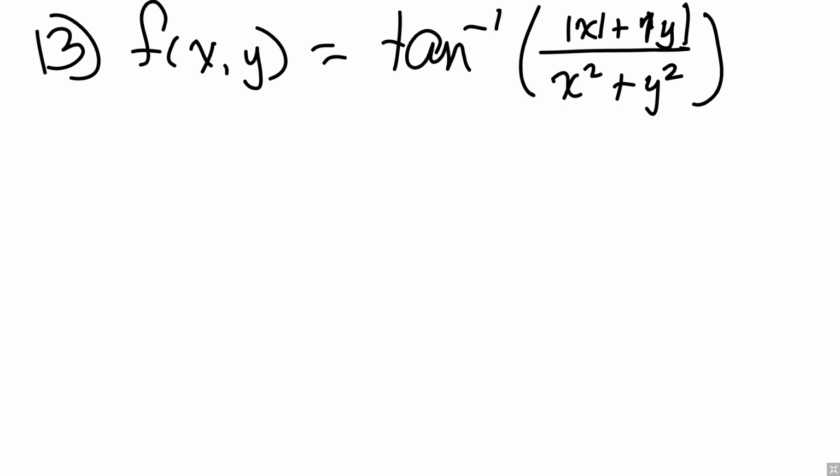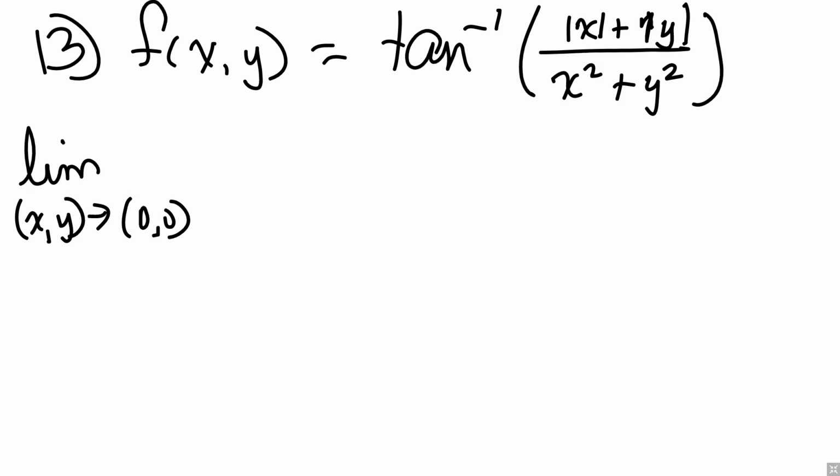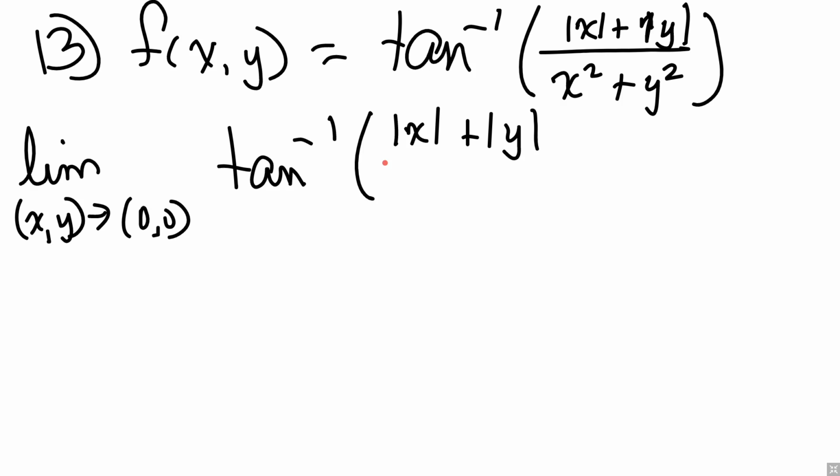polar form. Okay, so we are going to do the limit as x, y approaches 0, 0 of the tangent inverse of the absolute value of x plus the absolute value of y over x squared plus y squared.